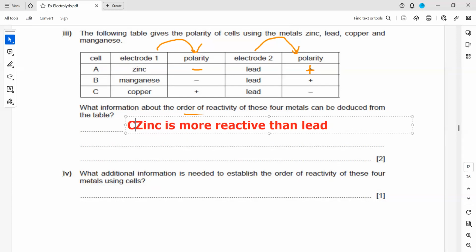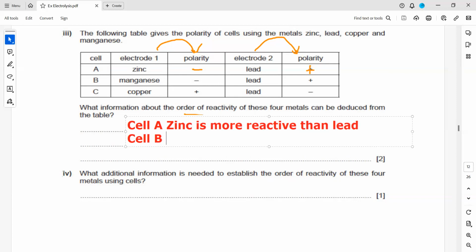Using cell A, we predicted that zinc is more reactive than lead because zinc is negative and lead is positive. What about cell B? Which is more reactive? Manganese, because manganese is negative and lead is positive. So manganese is more reactive than lead.